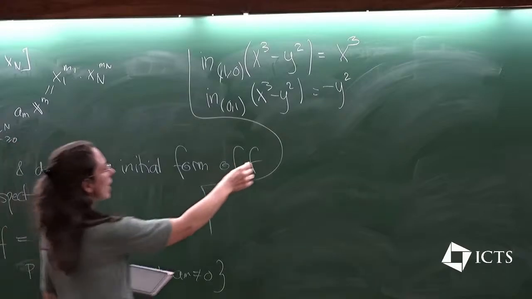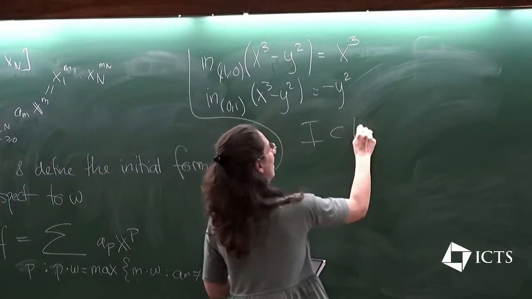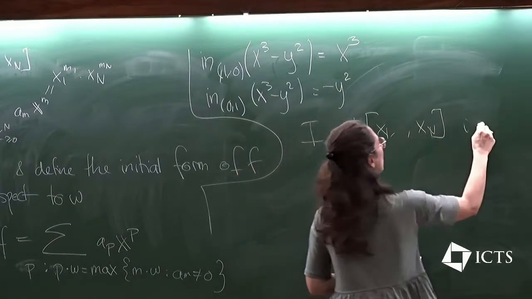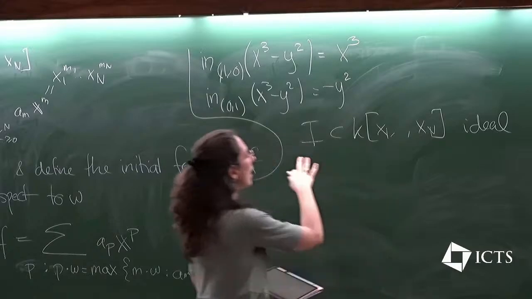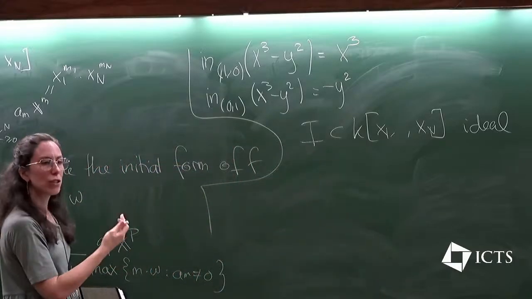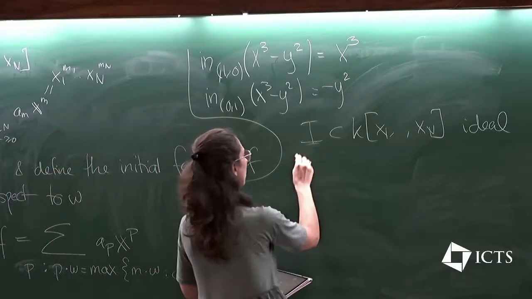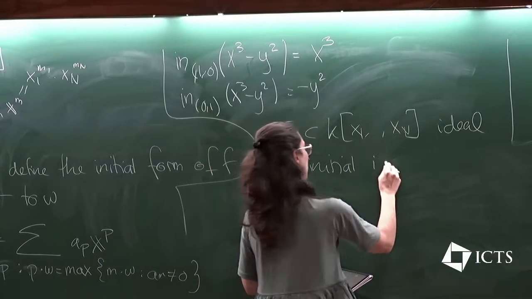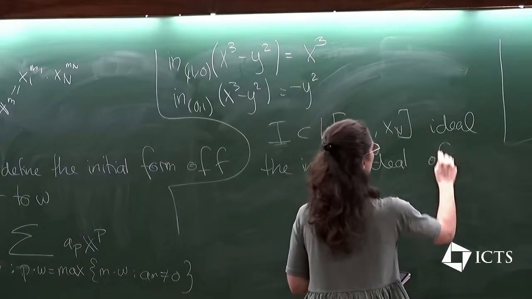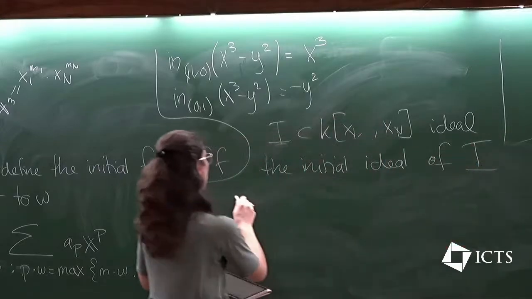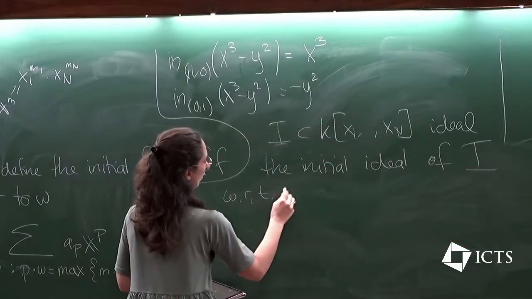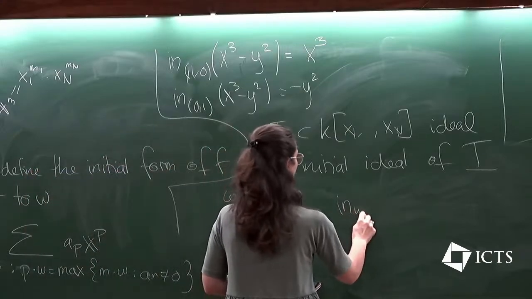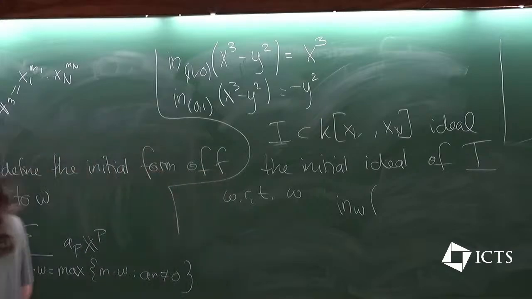So if I have an ideal, I also want to define the initial ideal of I with respect to w. Sorry, I forgot my notation.